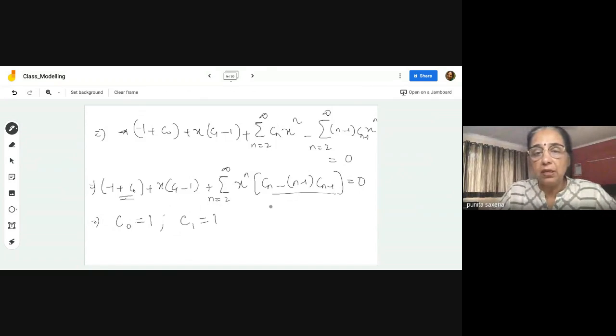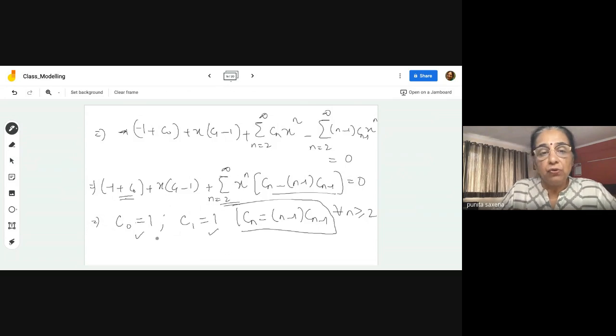And from here, you are going to get Cn is equal to n minus 1 Cn minus 1 for every n more than or equal to 2, because this summation is starting from n equal to 2. So for n equal to 0, we have this. For n equal to 1, we have this. And for n more than or equal to 2, we have this recurrence relation.